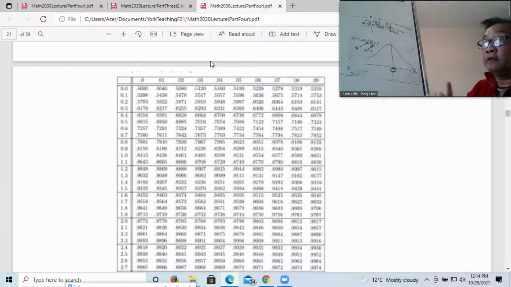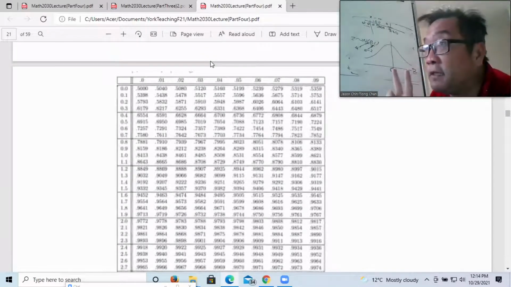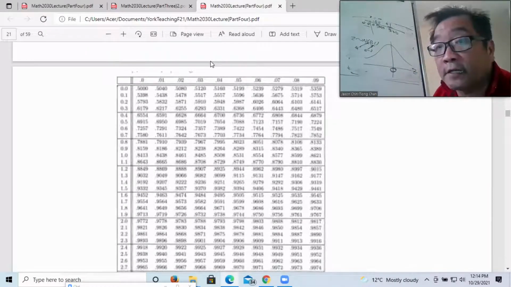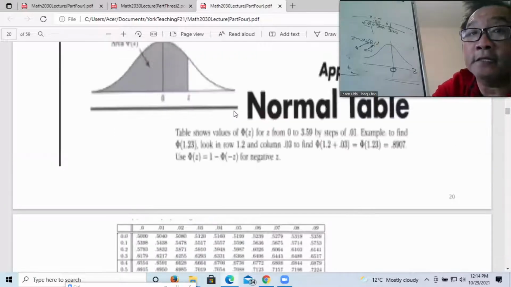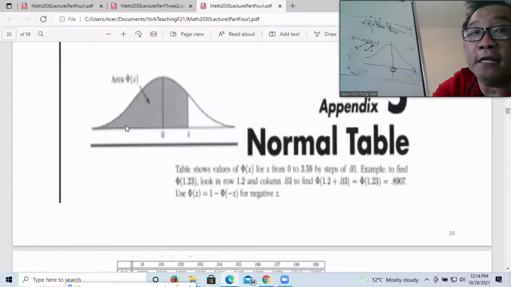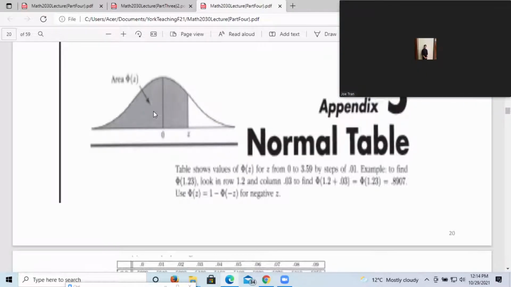For the Z table, altogether we have 3 different Z tables, but if you do the calculation, at the end you get the same answer. This table, you see, why do they color this part? This table is the area, and it moves to the left.